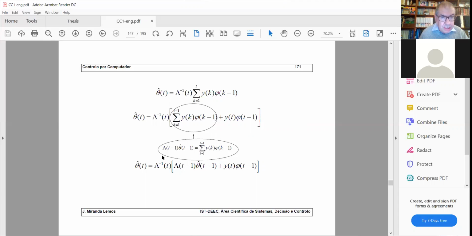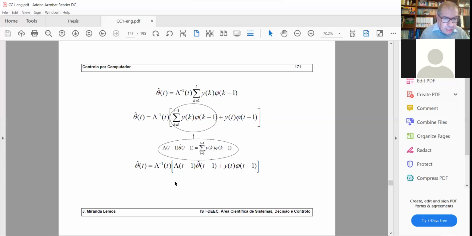So this summation is lambda of t minus 1 times theta hat of t minus 1. Here I started placing the estimate. Now you replace the summation by lambda t minus 1 theta hat at t minus 1, and you get this formula.